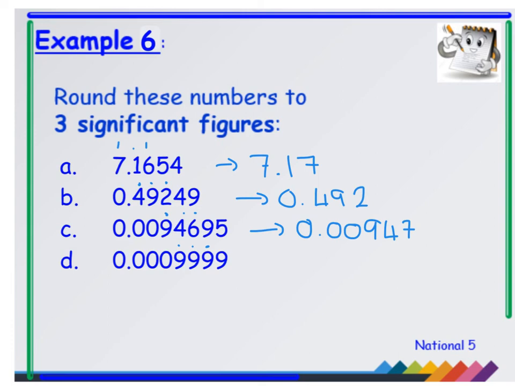The next number's a 9 that's going to make that go up. So again, what would 999 go to? That would go up to 1,000. So that's actually going to carry into this column here. So that would go to 0.001.